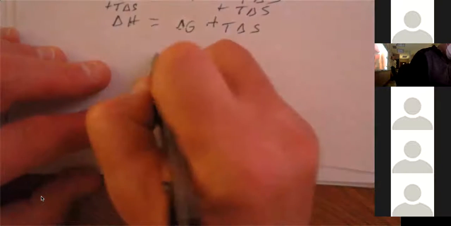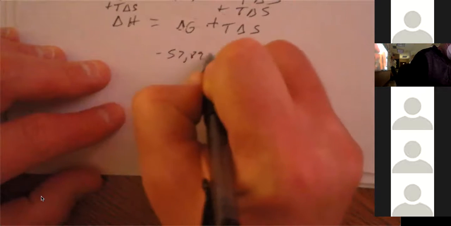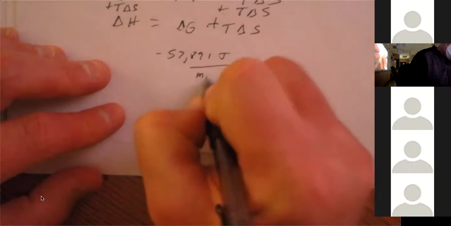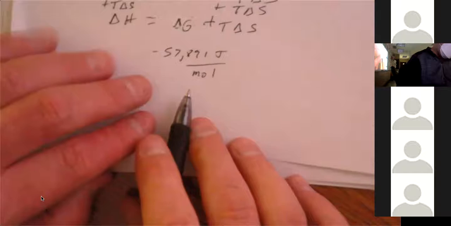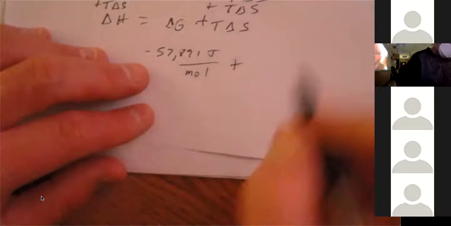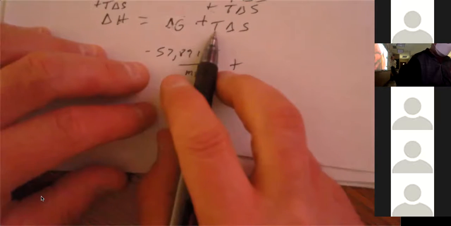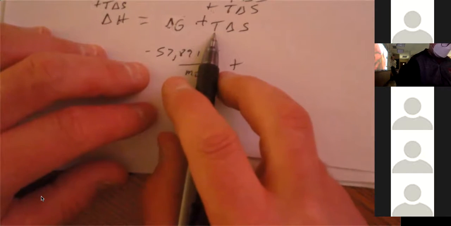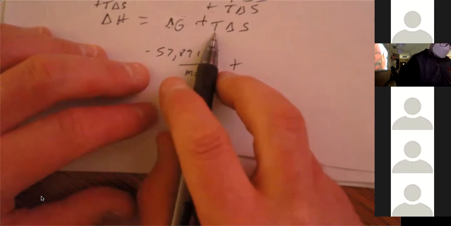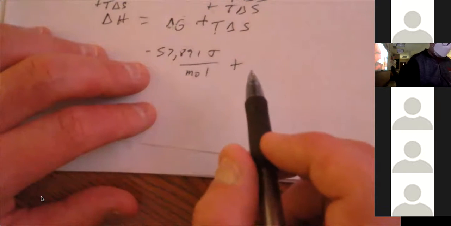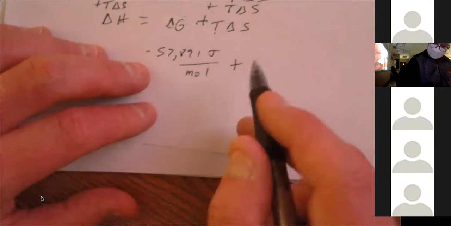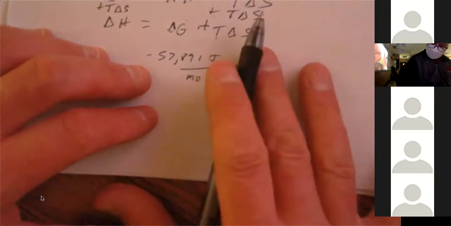We got our delta G up here. It is negative 57,891 joules per mole. And we're going to add to that. And here's the thing I'm wondering, that's per degree Celsius. So the temperature, let's do that. If we keep the temperature, what is standard temperature? Oh, yeah, we want 298, right?